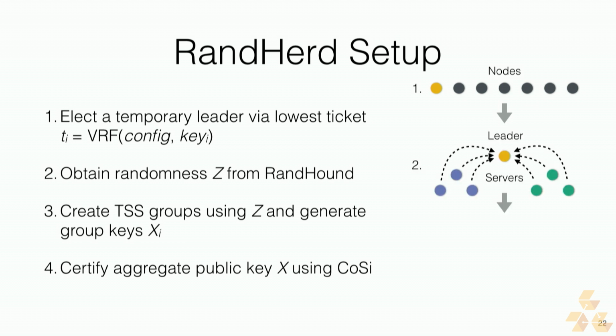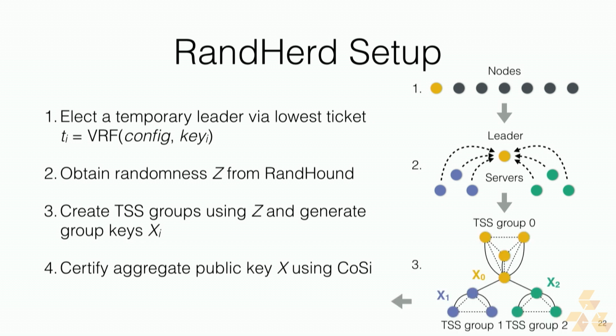In step 2, we use RandHound, where the just elected leader is the client, to generate a public random string among all the servers. From that, we shard all the participants into subgroups, and each of these subgroups runs a distributed key generation protocol to set up this threshold signing group.